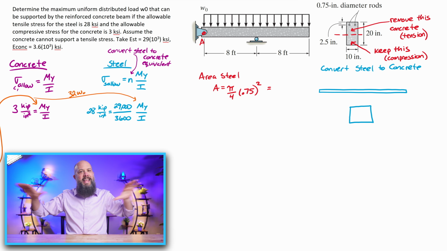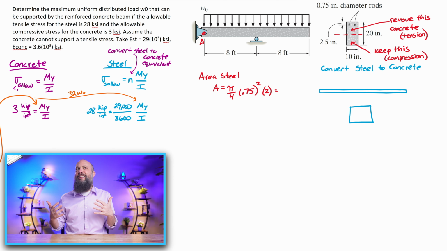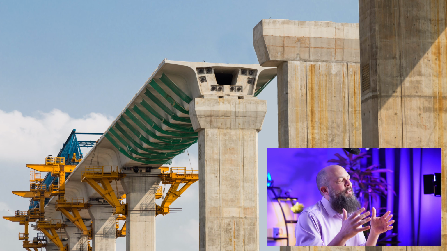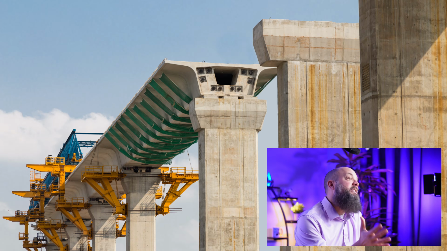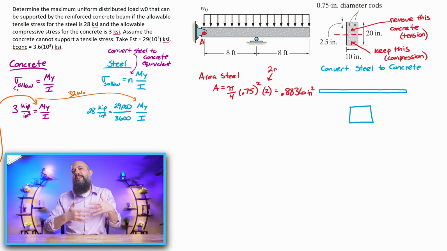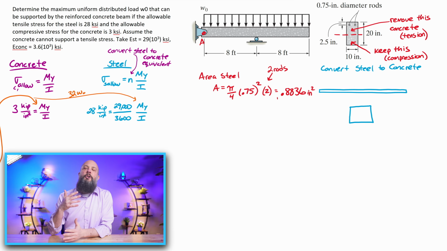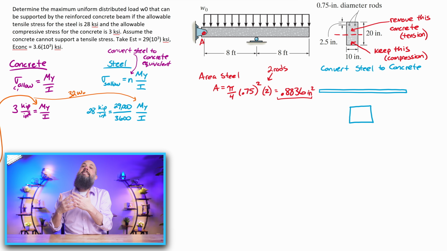You have to pretend as if that concrete does not exist. Now, concrete can hold some load in tension. It's an exaggeration to say that it holds zero load in tension. That's not technically true, but it's a conservative estimate. We design beams this way to be extra conservative. So we're going to ignore all the concrete up above the neutral axis and only keep the steel.